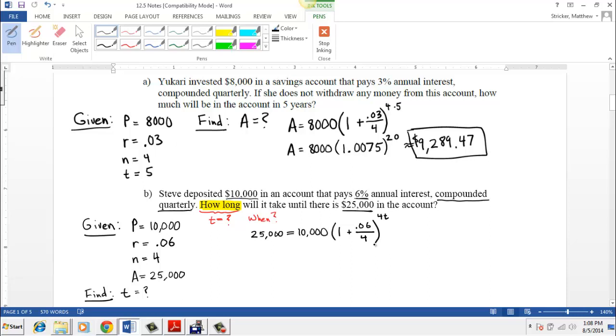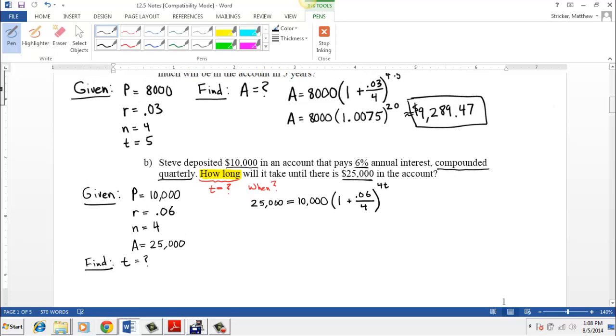Notice there's only one unknown variable. It's this T right over here. That's what we're going to have to find. We've only done this a few times, solving equations like this in previous sections, but now we have to be able to solve an equation where the unknown variable, in this case T, is up in the exponent. The process we go through is to remember that first we need to isolate the exponent.